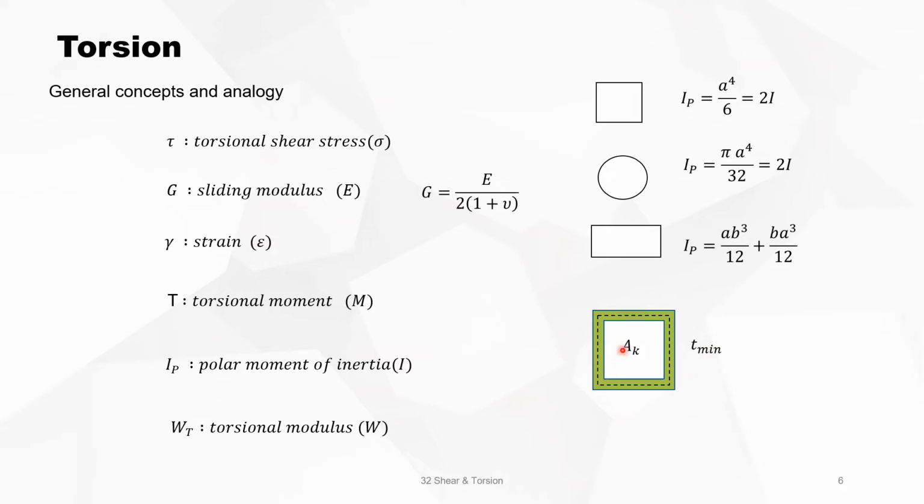The surface AK is defined as the area enclosed by the dotted line, which is the midline of the section, and the width of the section is t min. And then we know that the torsional modulus WT is 2 AK times t min.